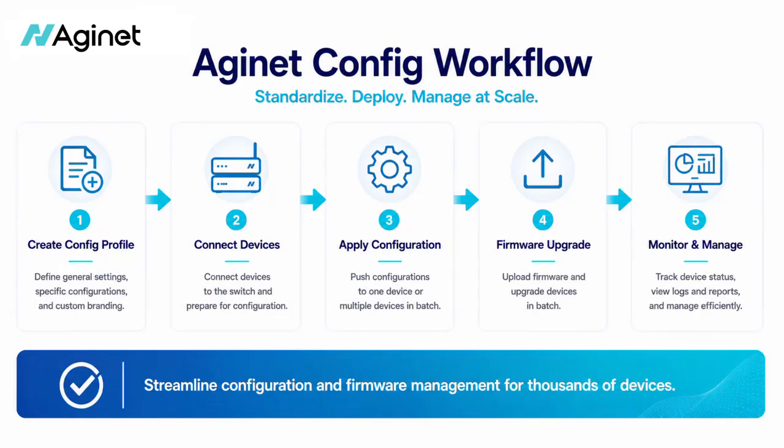The workflow is simple: create a profile, connect devices, apply the configuration. You can perform firmware upgrades if needed as well. Once it's done, just pack the devices back and deploy them. But yeah, this reduces deployment time, improves consistency, and helps scale operations more efficiently.